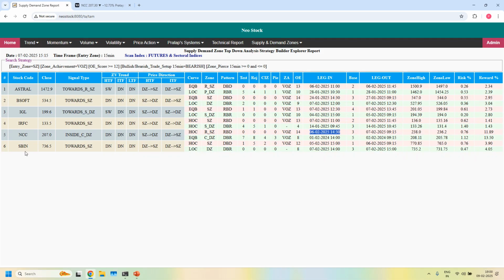And next one is State Bank of India, SBIN. This is a supply zone. When it was created, 5th February, 15 hours, 1 base candle.